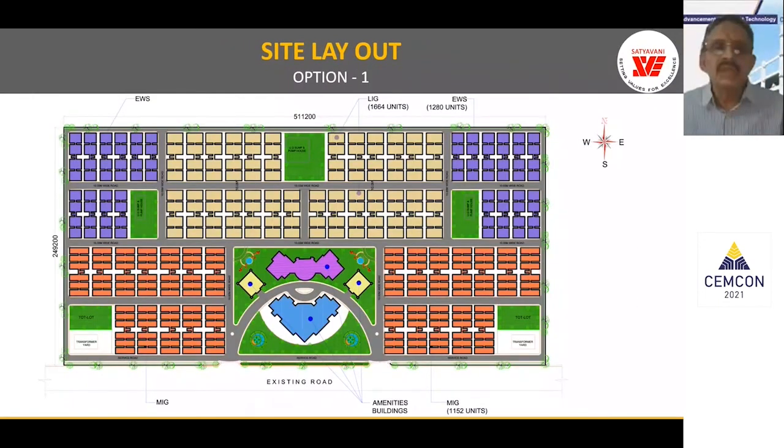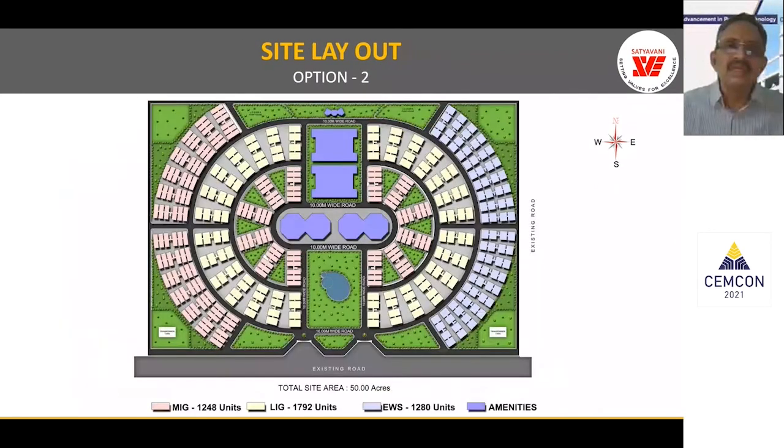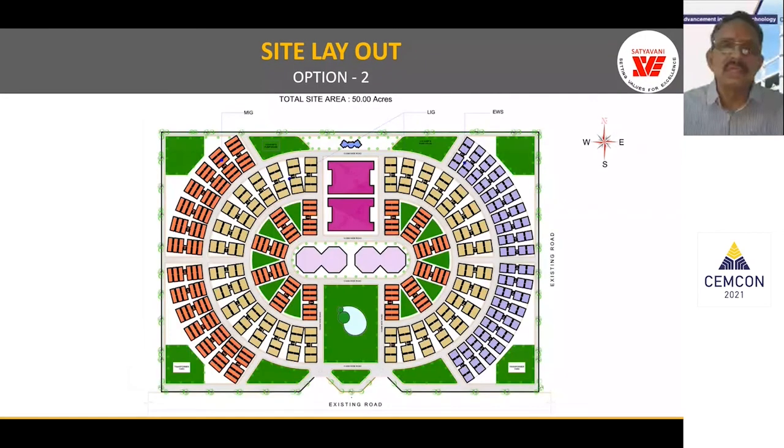We develop this keeping precast in mind so that modularity and repeatability is kept and maintained. And this is another option of the same blocks being used, but in a different aesthetic layout that we have done.